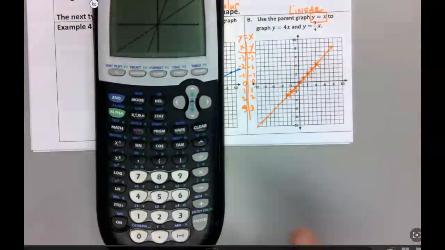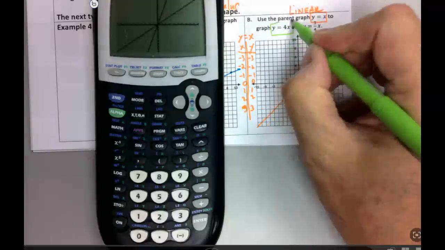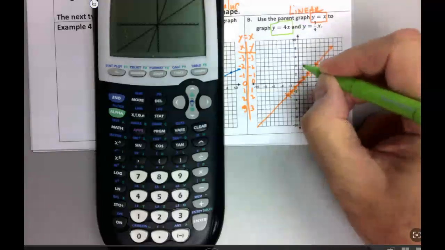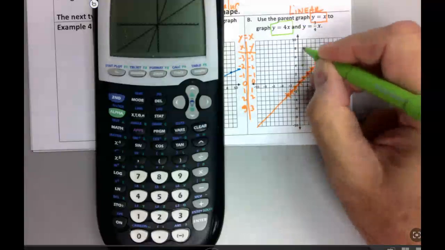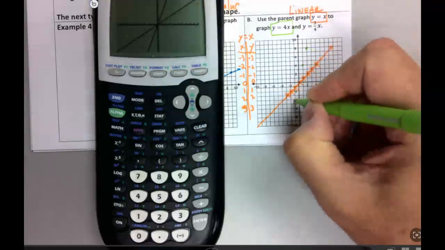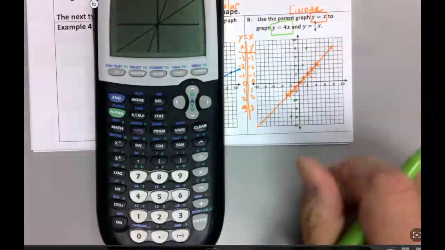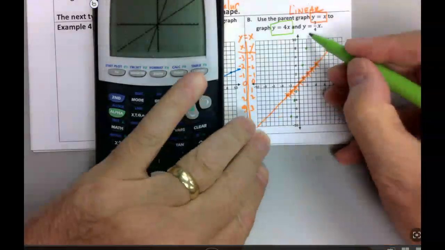So it stretches it. It goes up quicker, doesn't it? Up 4, right 1. Down 4, left 1. And draw my line.